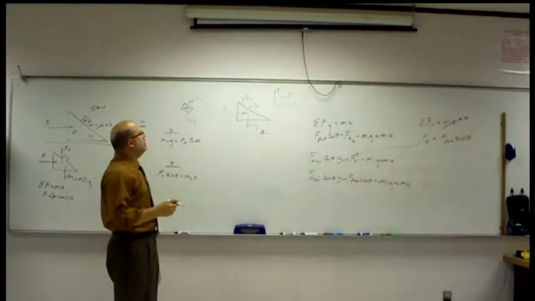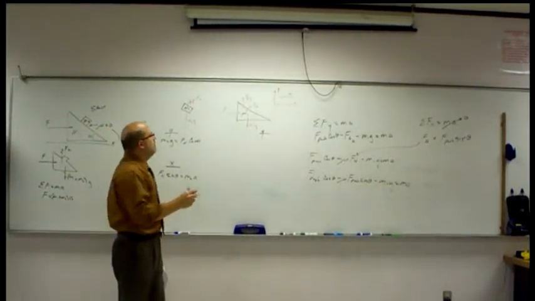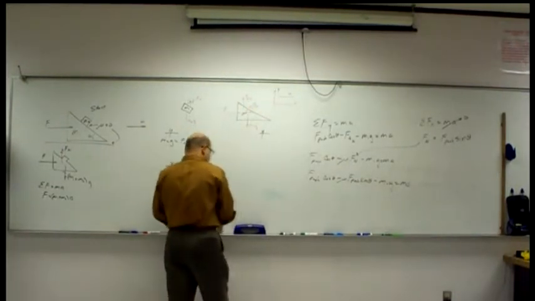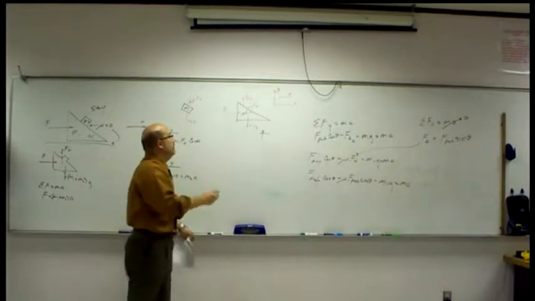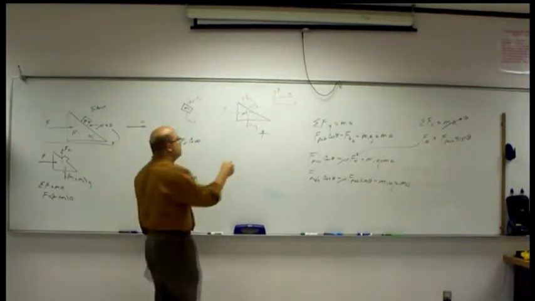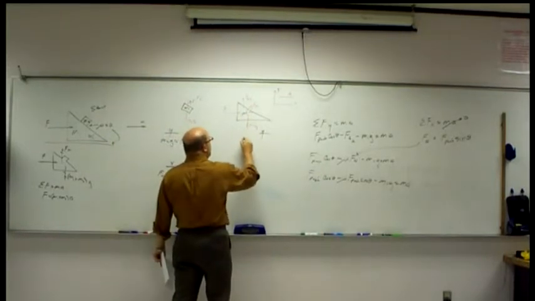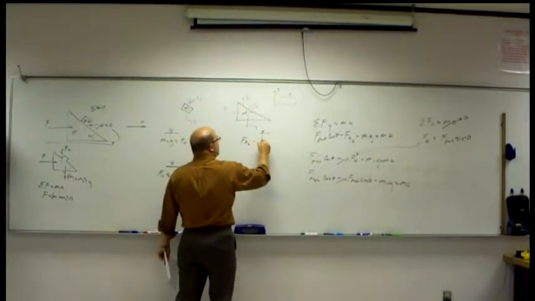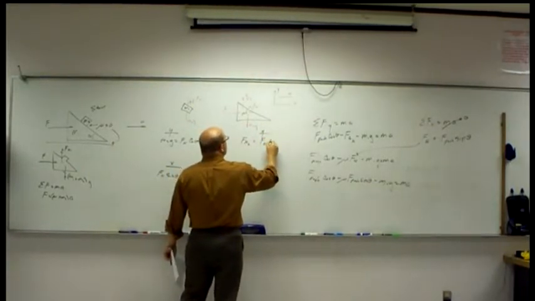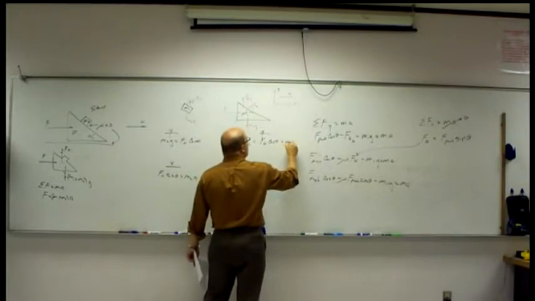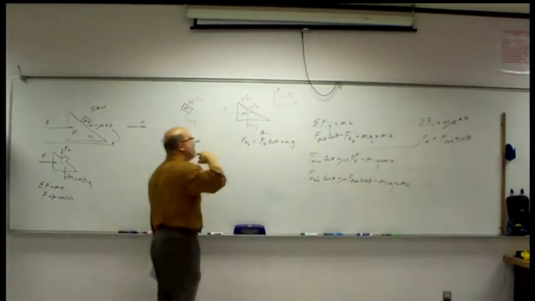All right, in the Y direction, we've got 3 forces that account for no acceleration, right? So we have a normal force 2 up equals the normal force cosine theta down plus M1g, right?